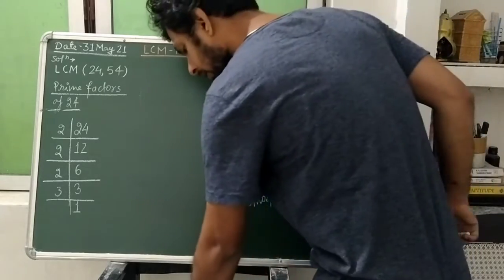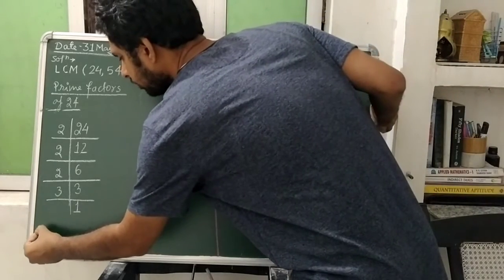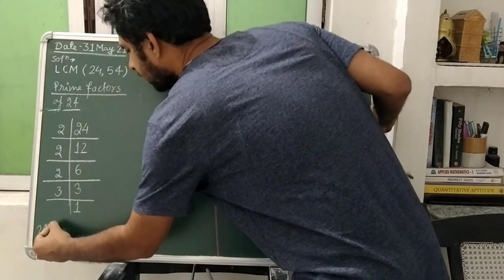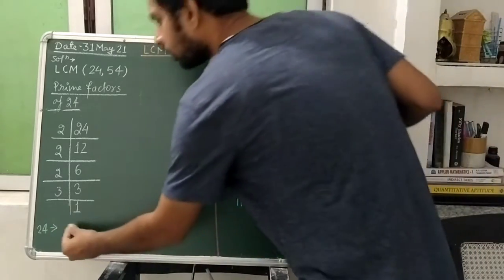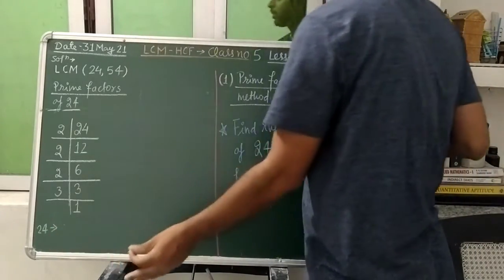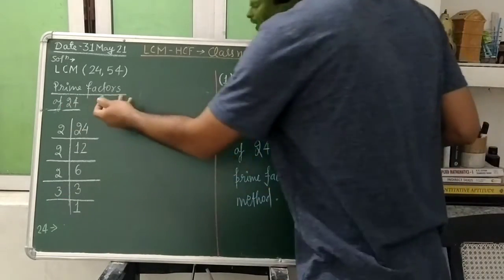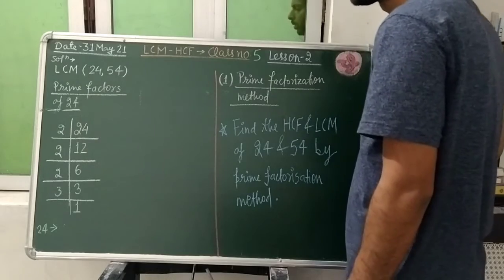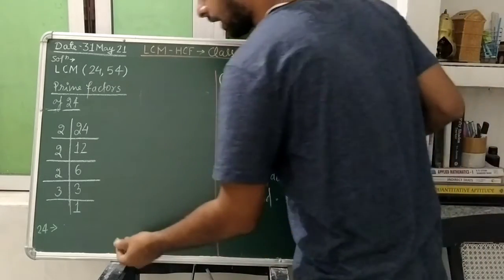And of course friends, how can we write this 24? 24 we can write as follows, students. Whatever numbers we selected here to find the prime factors of the number, those numbers we shall write with the multiply operator.